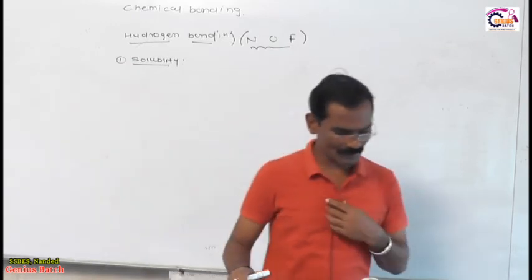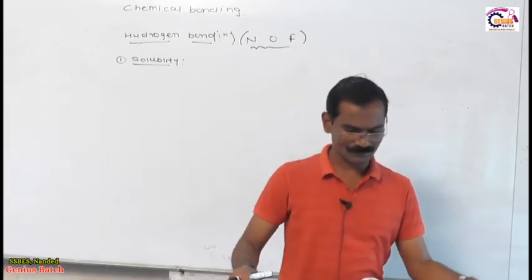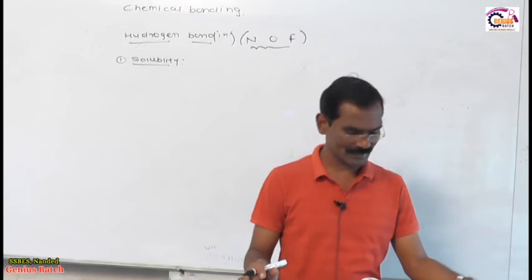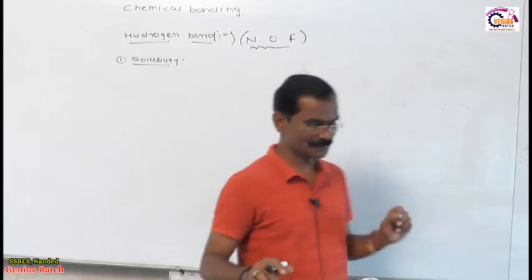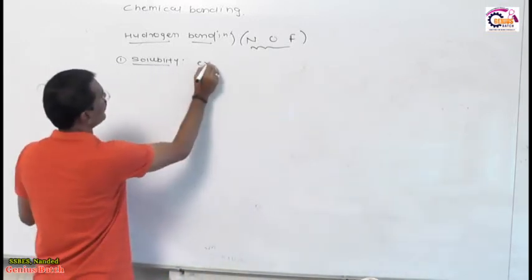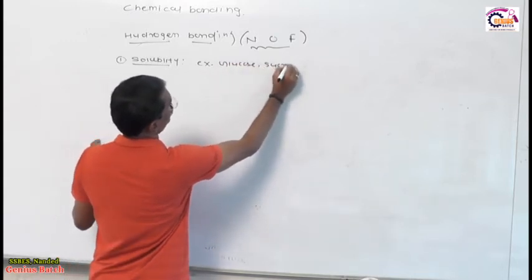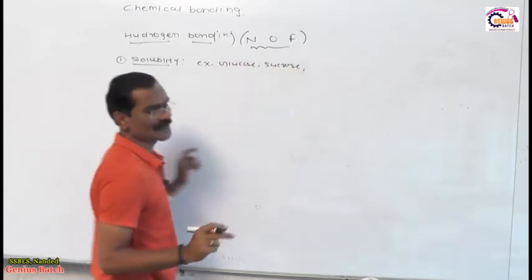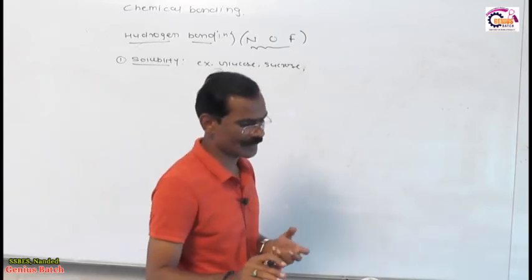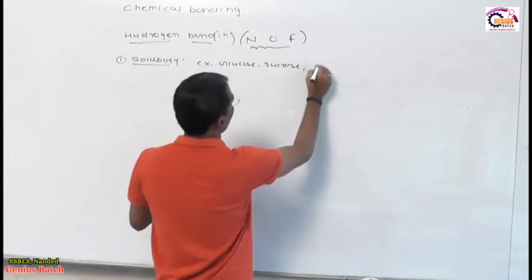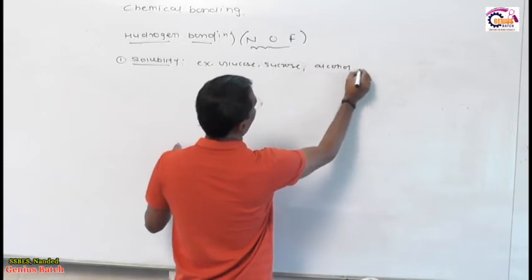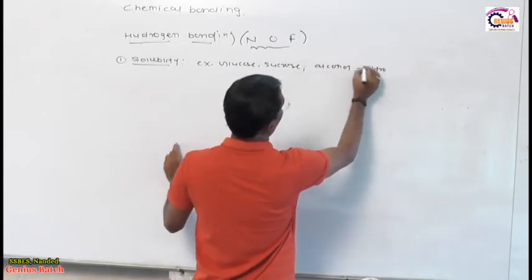Organic compounds that are polar are soluble in water, a polar solvent, due to hydrogen bonding. Listen very carefully. For example glucose, sucrose, alcohol. These are soluble in water. Why?